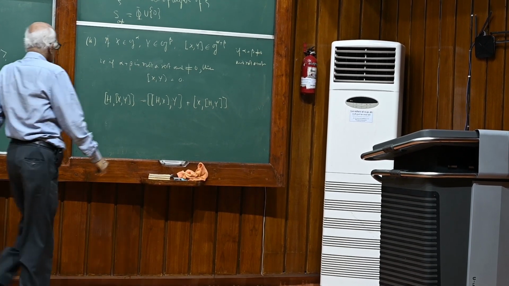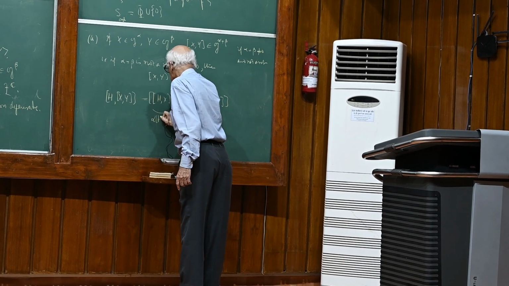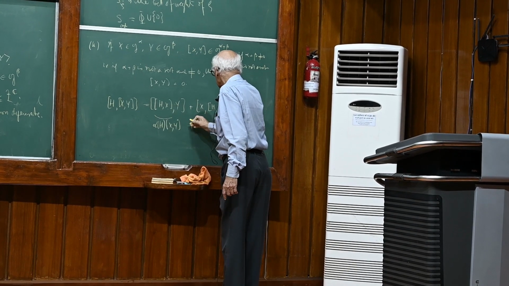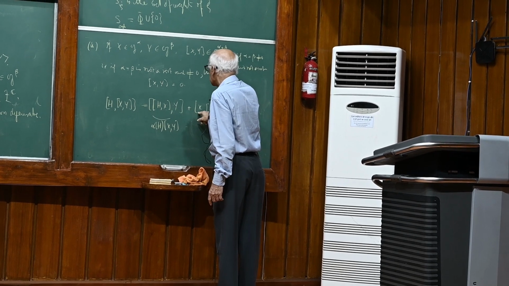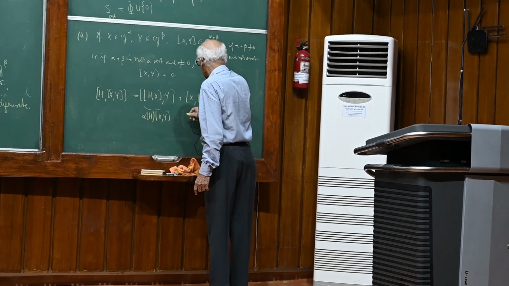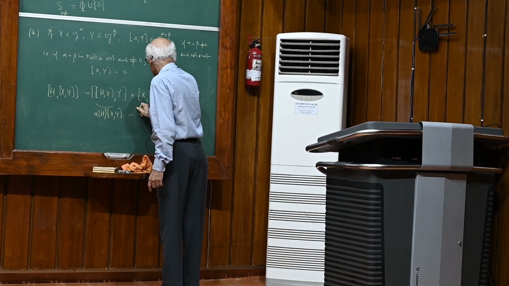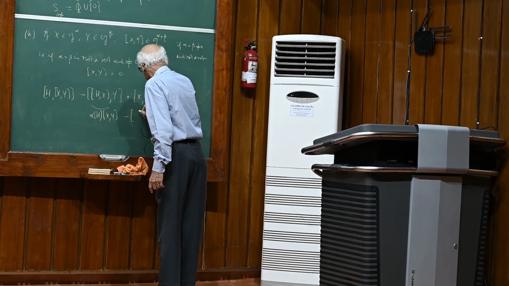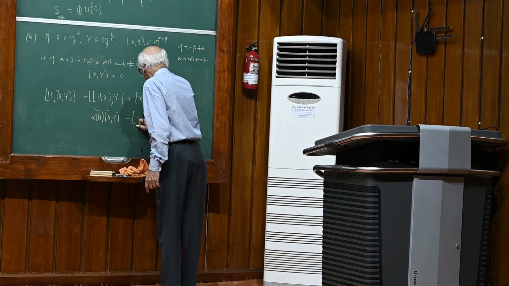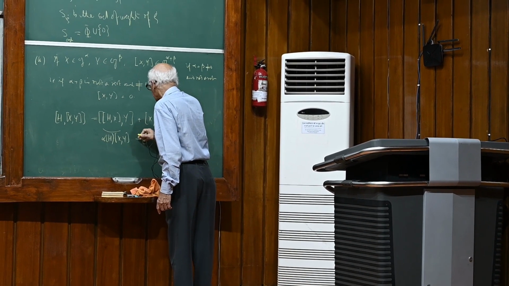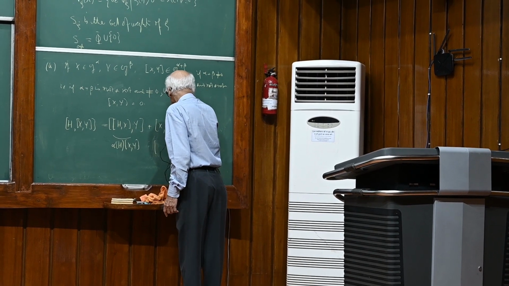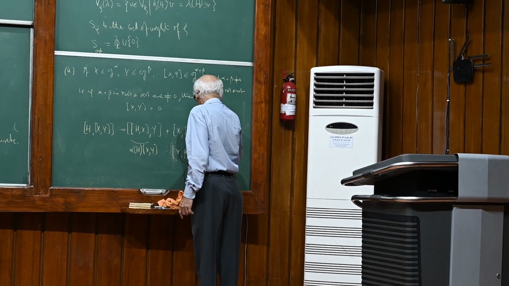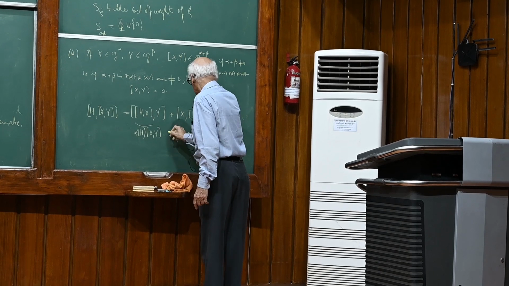Now, clearly this is alpha(H)[X,Y], and this is beta(H)[X,Y], since [H,Y] is beta(H)Y.